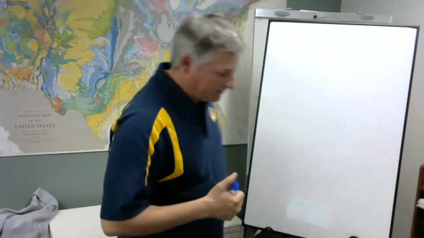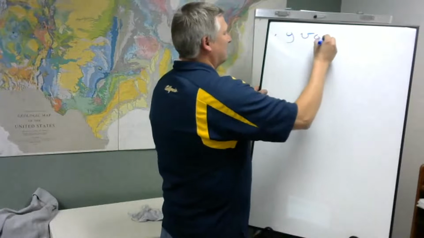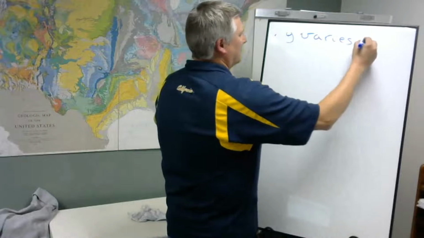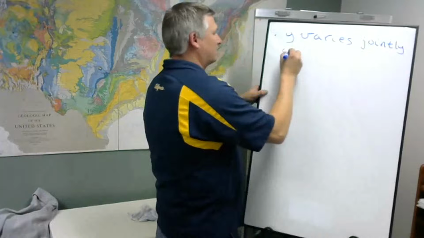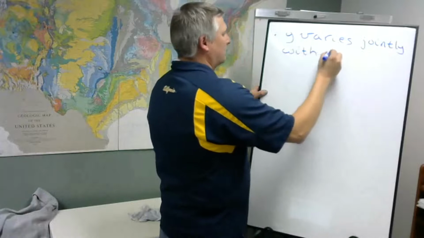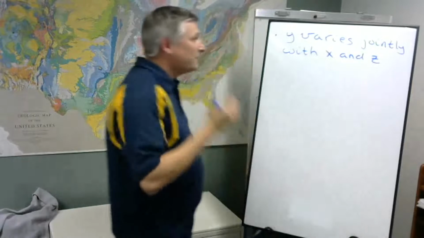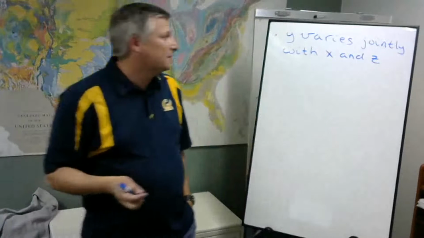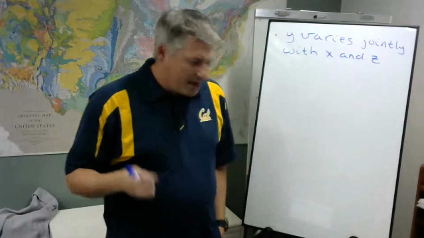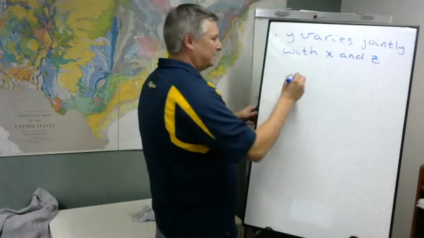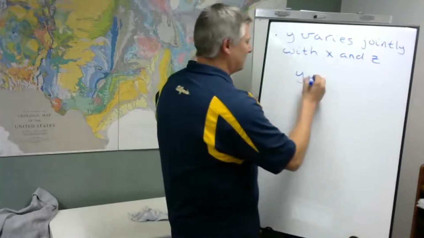So next you could have joint variation. So let's say y varies jointly with x and z. Jointly in this case, we make the assumption, though it doesn't say directly, we write it as a direct variation anyway.